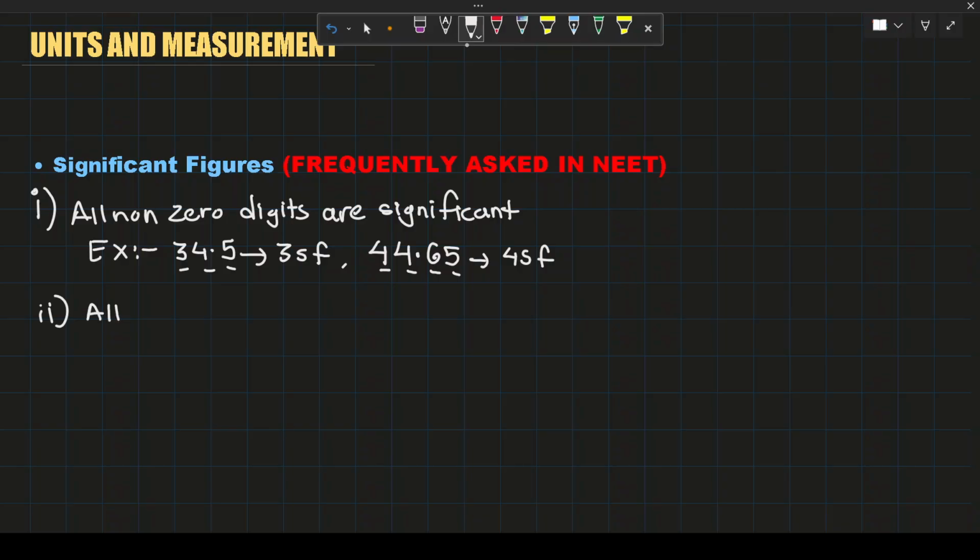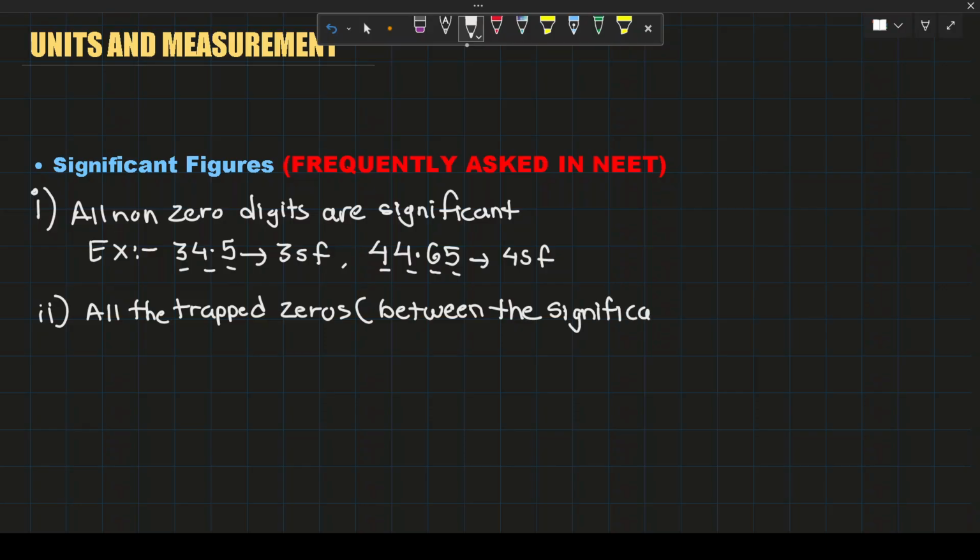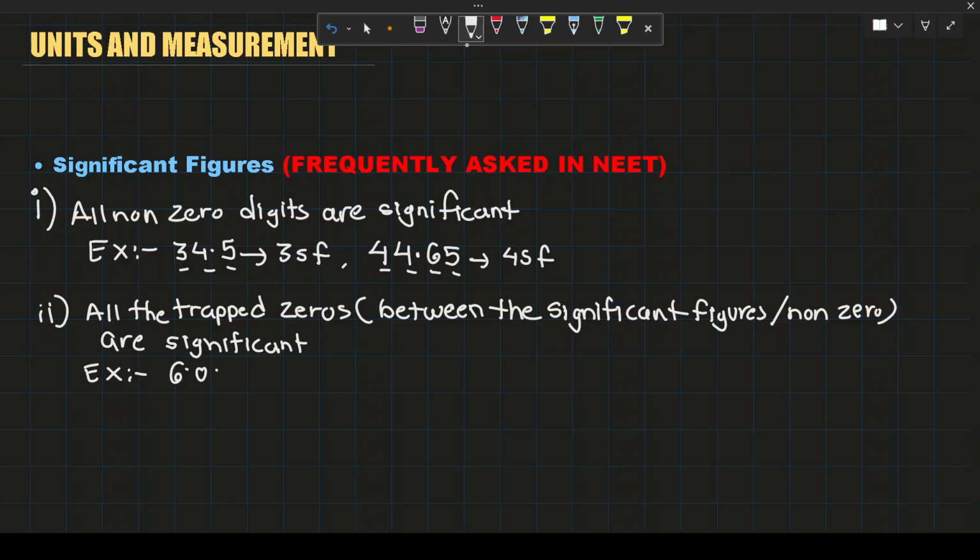Next rule, all the trapped zeros, or the ones which appear between two non-zero digits, are significant. Trapped in the sense which are in between non-zero digits. Let's say for example you have 6.02.